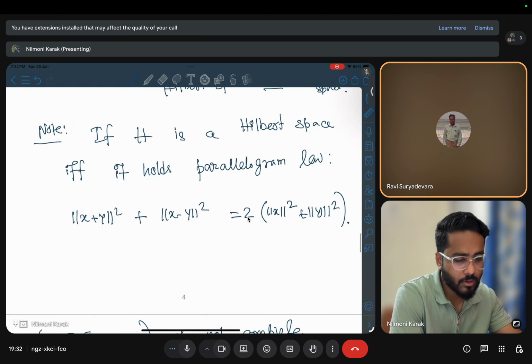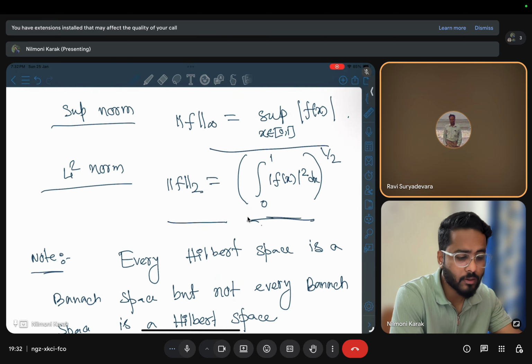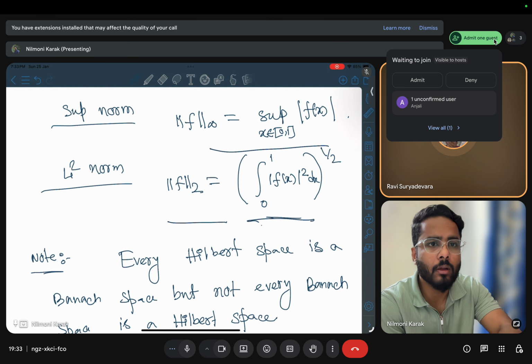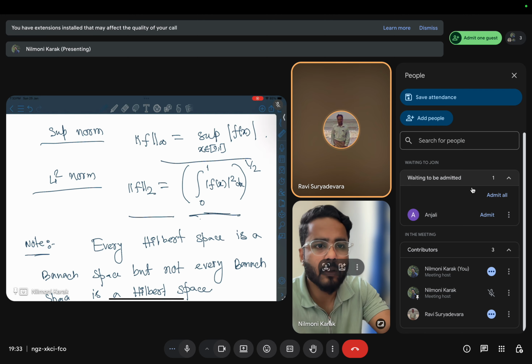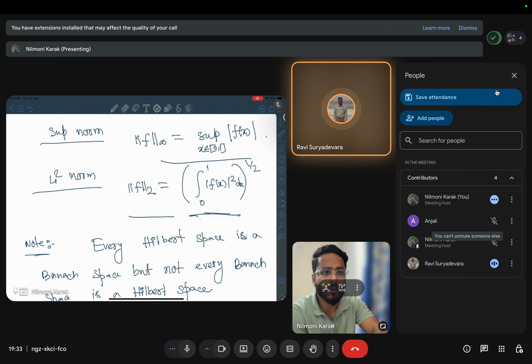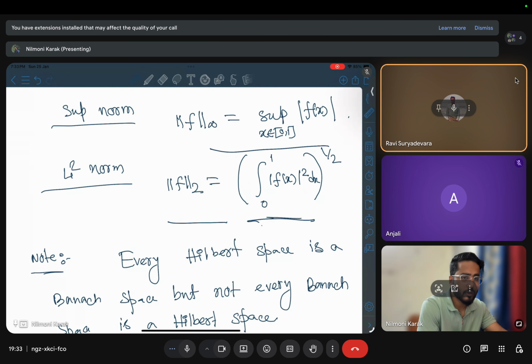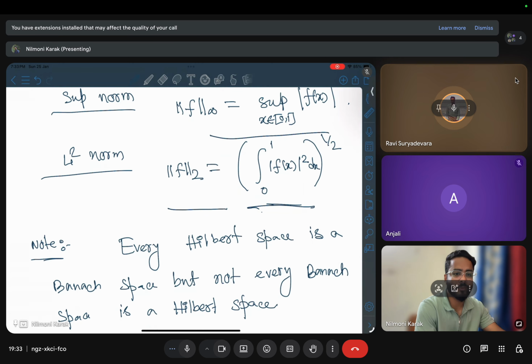If we have the curve y equal to |f(x)|² between 0 and 1, whatever is the area under that curve should be the value of the norm 2. So the integral is the area under the curve y = f(x)², and that area you are saying will be 0? Not exactly.